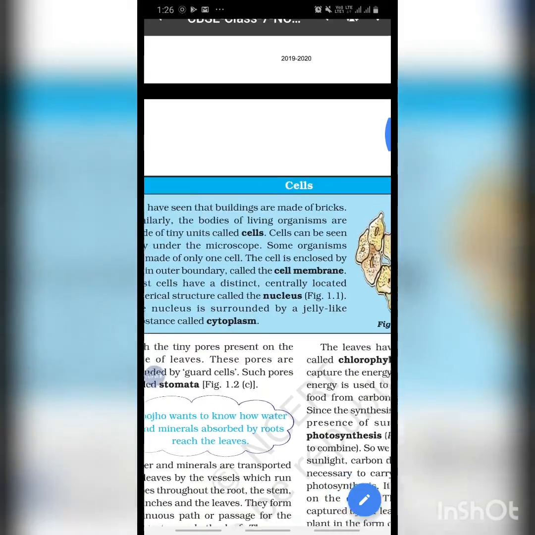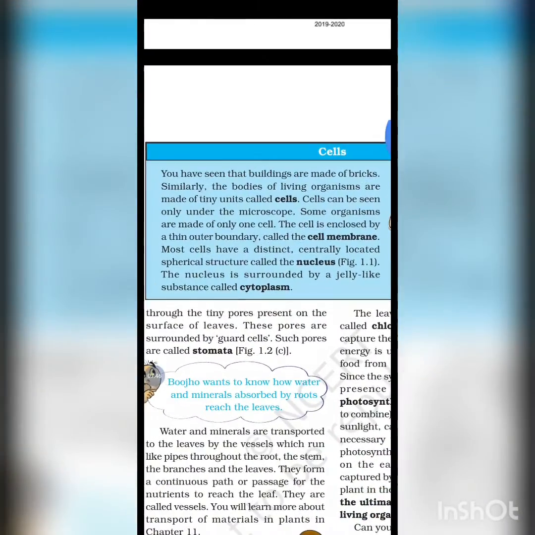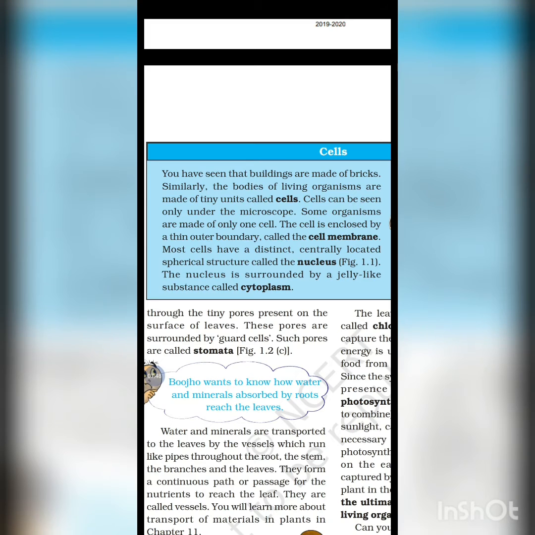Next, cells can be seen only under the microscope. I have told you that cells can be seen only under a microscope. Next, some organisms are made of only one cell. There are few organisms that are made of only one cell.